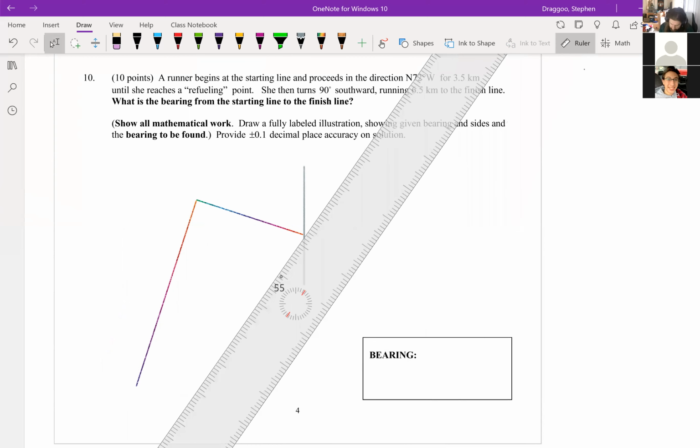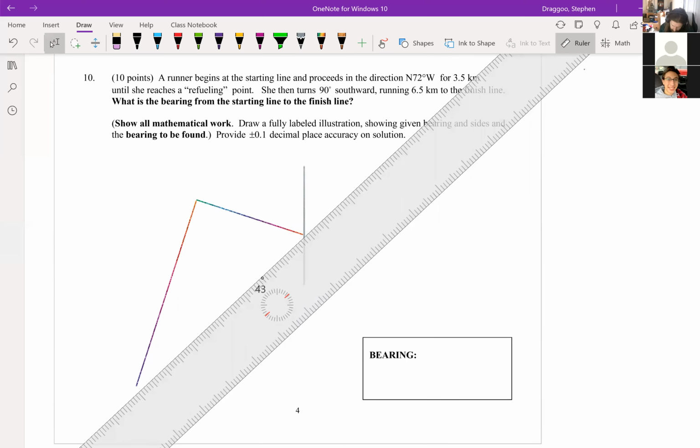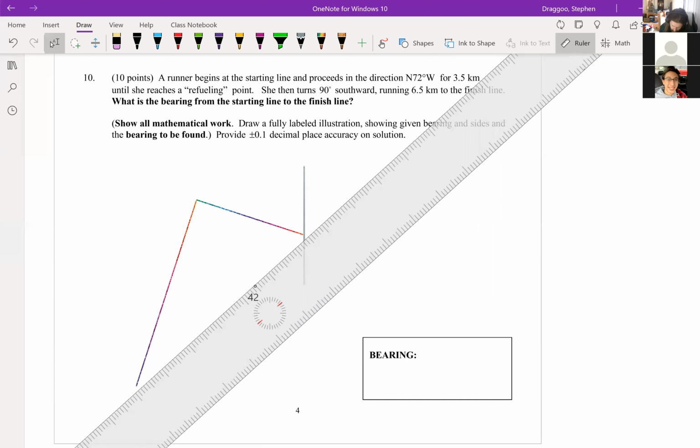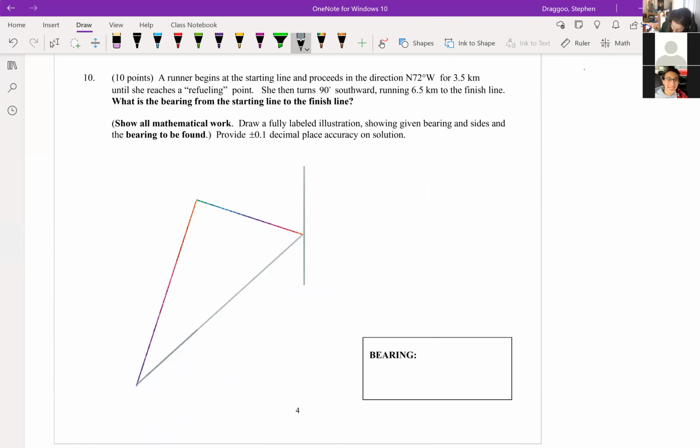All right, and we've got to get the line that connects these two pieces together. We'll have our little line right there.